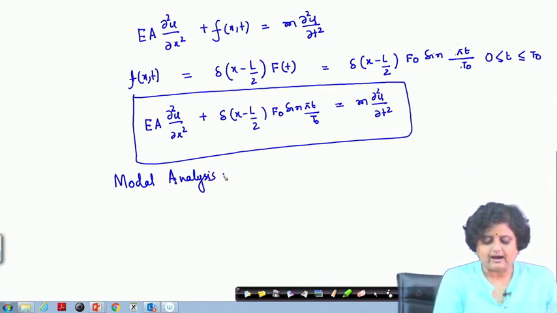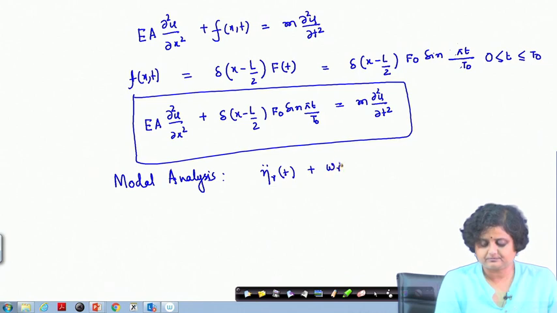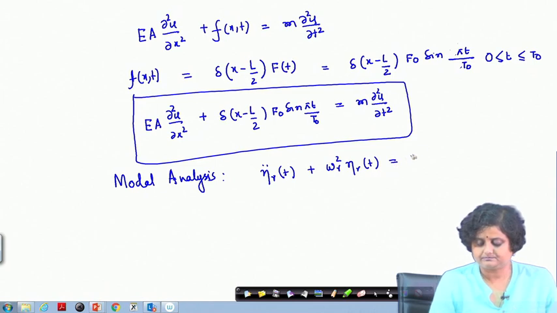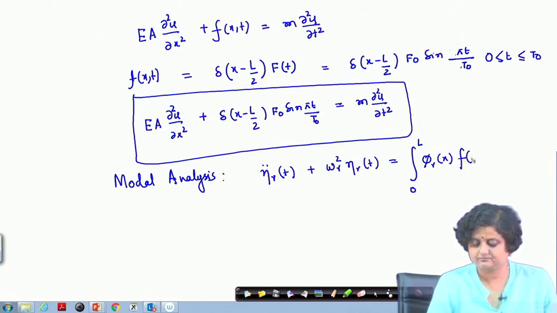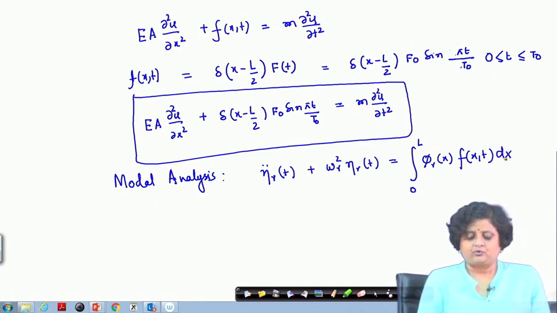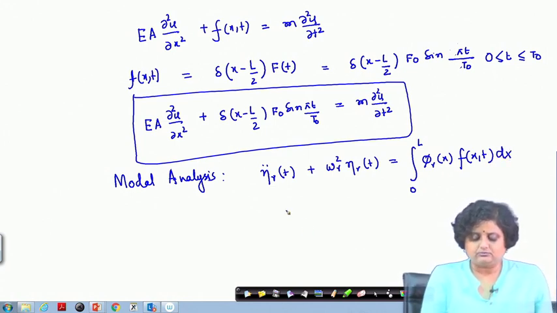what will I get? I will get eta r double dot of t plus omega r square eta r equal to q of t. For every problem we need not follow all the steps of modal analysis.